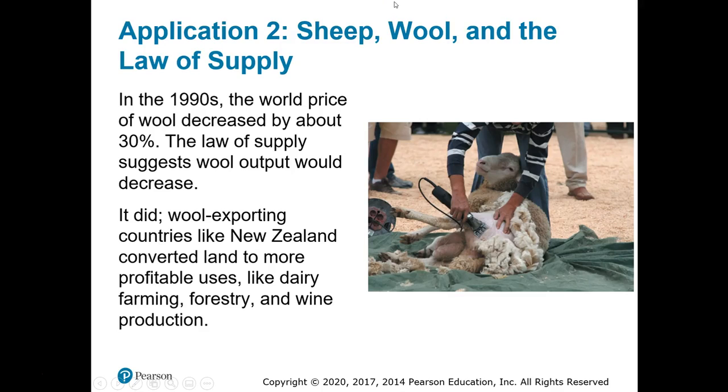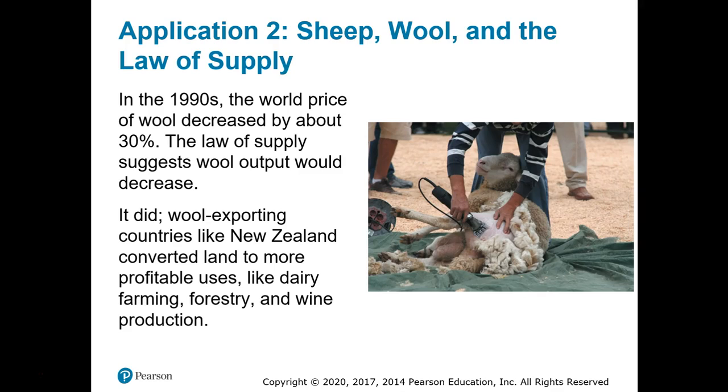So let's look at sheep wool and the law of supply. It basically became almost non-existent prior to the 1990s. The world price of wool decreased by about 30%, and the law of supply suggests that wool output would decrease. It did.